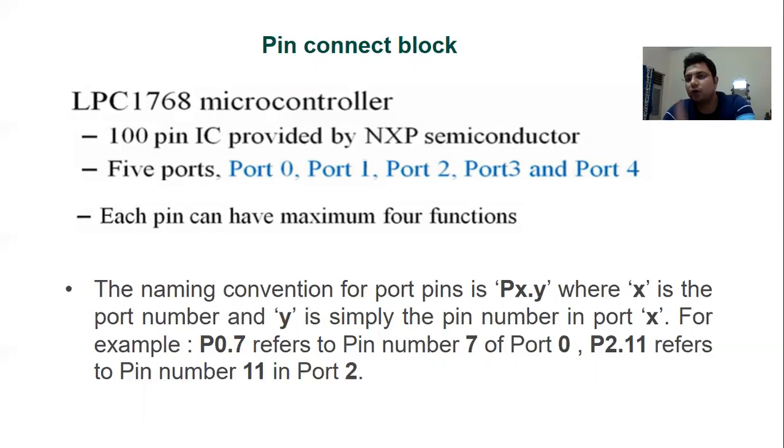Suppose P0.7, that means port number 0, pin number 7. P2.11 means port number 2, pin number 11. In this way, we can refer to a particular port and its corresponding pin.